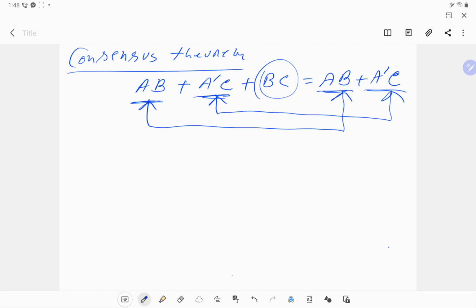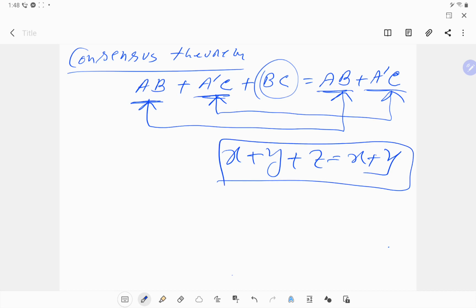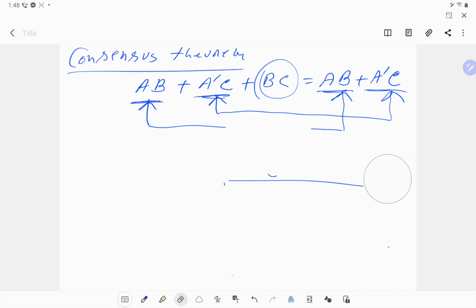Now the question is, is it possible? It's kind of like x plus y plus z equals x plus y, right? I don't know if it is possible or not in ordinary algebra, but in Boolean algebra this is possible, and this is called the consensus theorem.